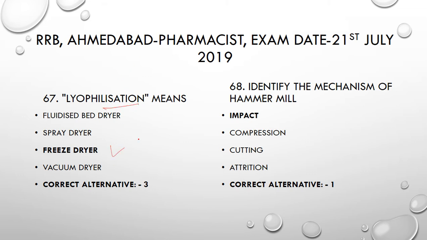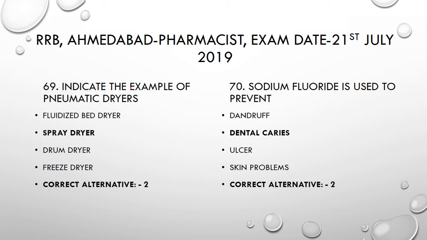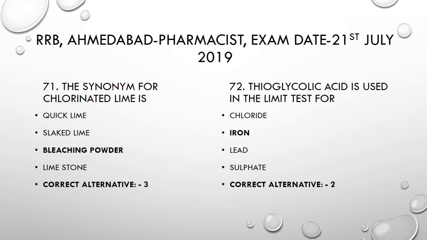Lyophilization means freeze drying. Identify the mechanism of the hammer mill, that is impact. Indicate the example of a pneumatic dryer, that is spray dryer. Sodium fluoride is used to prevent dental caries. The synonym for chlorinated lime is bleaching powder. Thioglycolic acid is used in the limit test for iron.